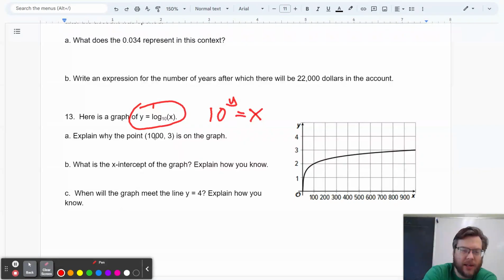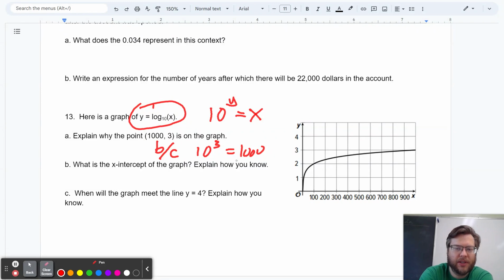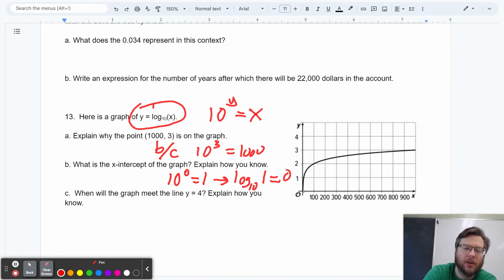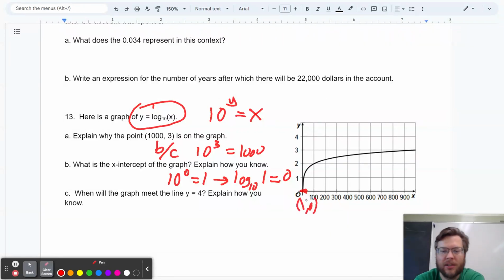The reason that 1,000, 3 is on the graph is because 10 to the y value is equal to the x value. What is the x-intercept of the graph? In other words, what is the x value when y equals 0? Well, 10 to the 0 equals 1, and that implies that log base 10 of 1 equals 0. That means that this is not hitting at the origin, it's hitting at 1, 0. You just can't tell the difference because of the scale.